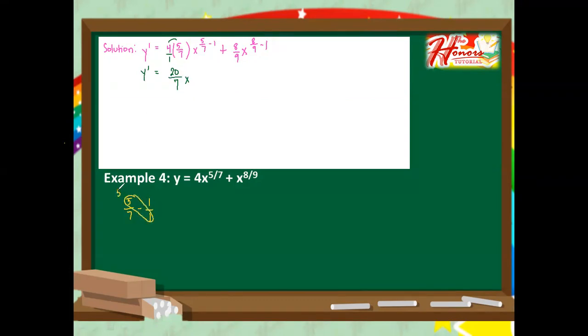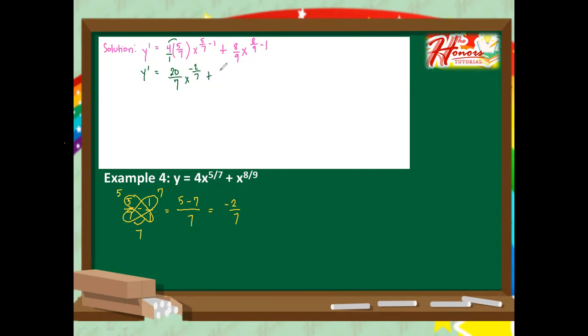So that's 5. 7 times 1, that's 7. So we have here 5 minus 7 over 7. 5 minus 7 is negative 2 over 7. So therefore, the exponent of x here is negative 2 over 7.